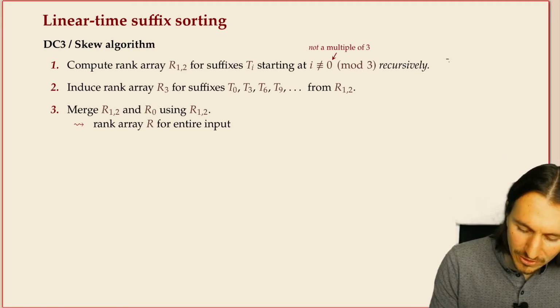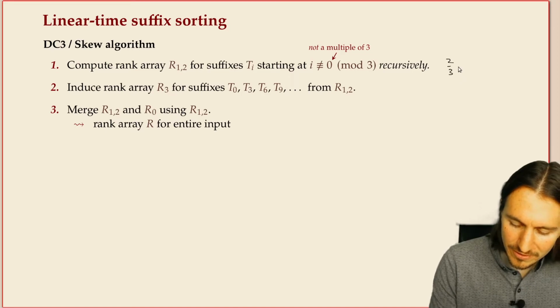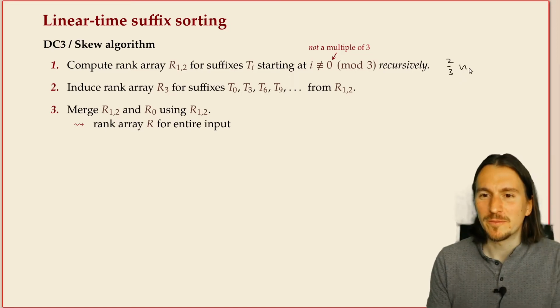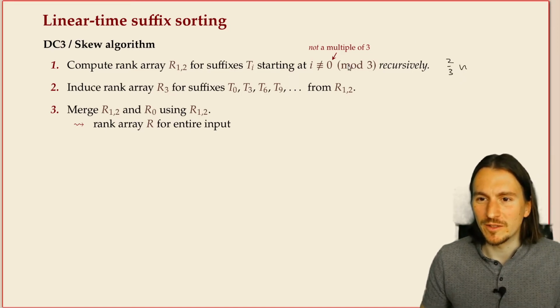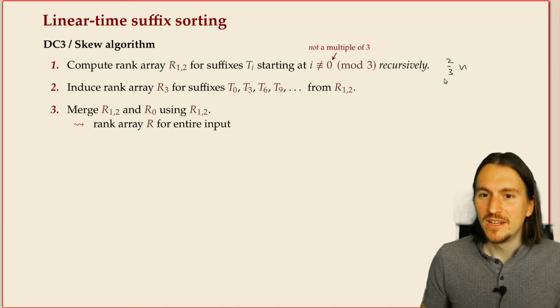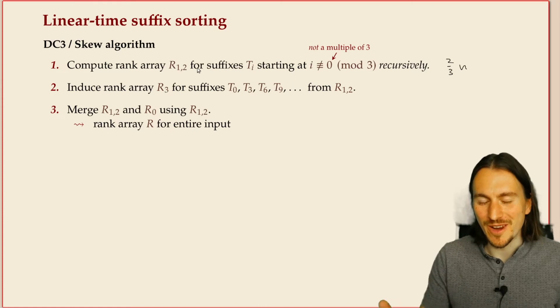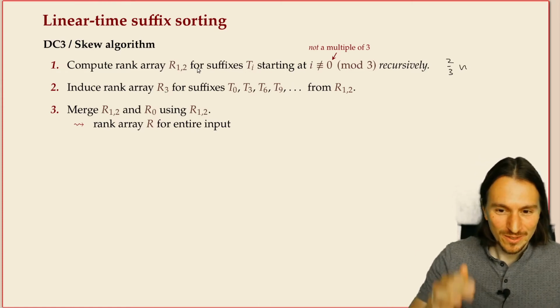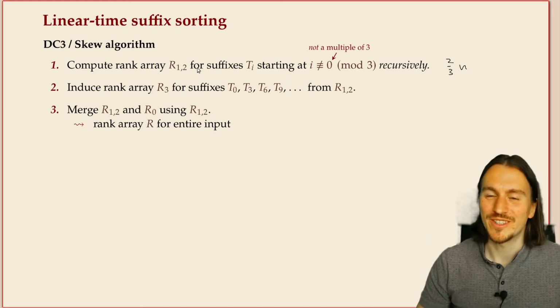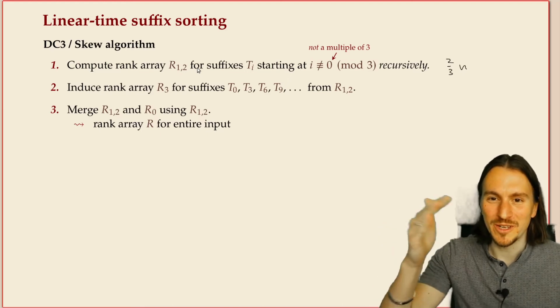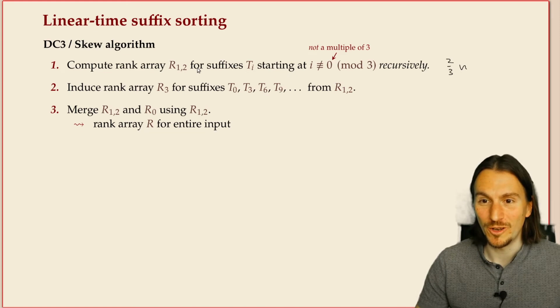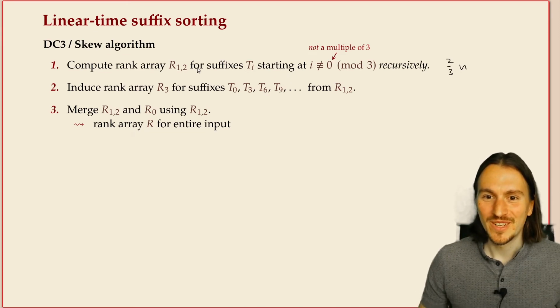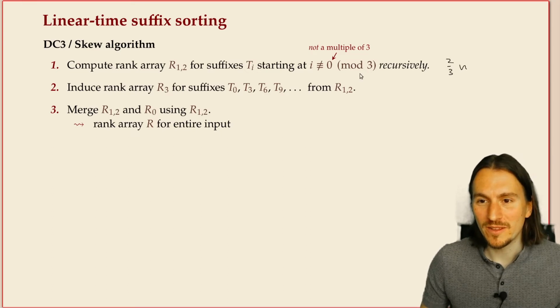So we recurse on 2/3 of the size, by leaving out every third, and obtain the sorted order. So R, the rank array, tells you, given the starting position in the text, how many suffixes are smaller than this. Okay, that's the first step.